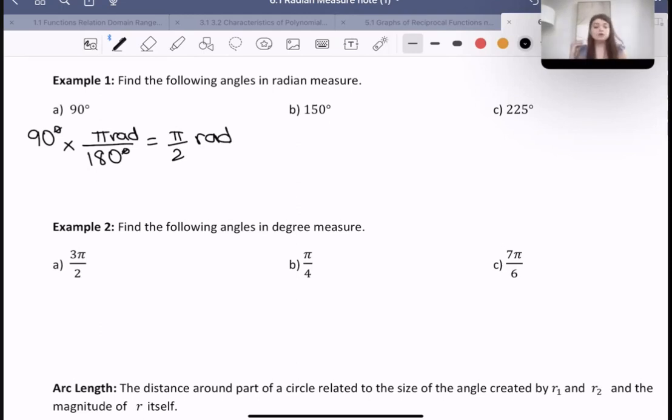We can use the same method for 150 degrees. If we have 150 degrees, we're going to multiply this by pi radians over 180 degrees, and that's going to be 15 pi over 18 radians. So there we go.